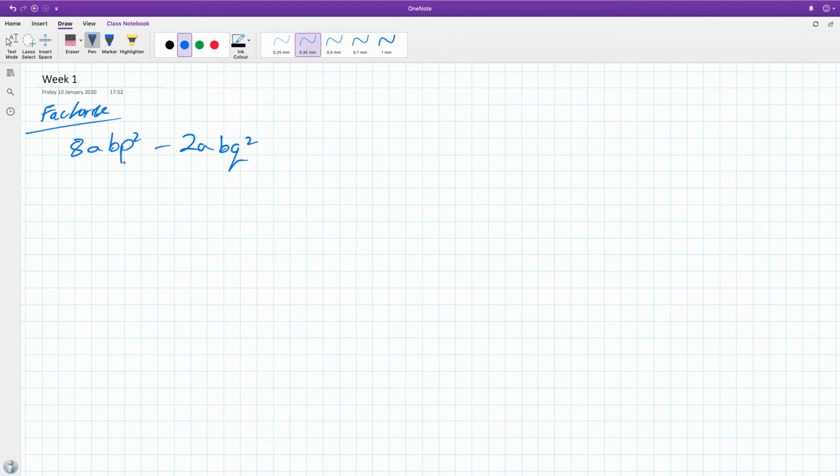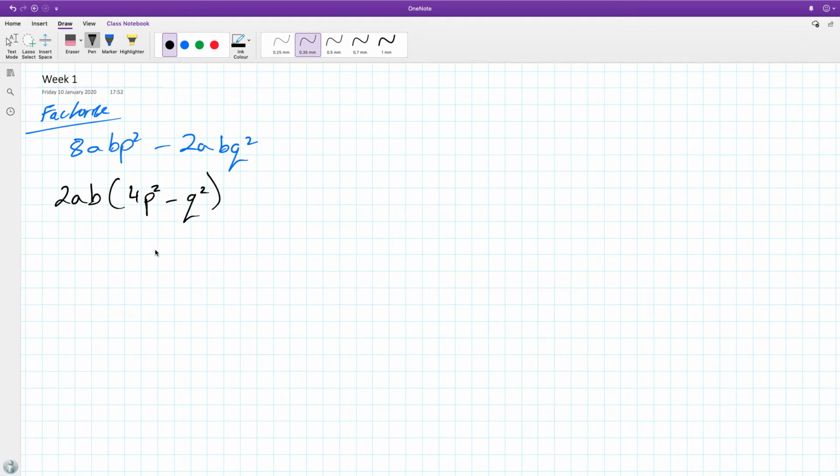They have a number in common first of all. They have 2. And what else do they have in common? A and B. Brilliant. What do we multiply by 2ab to get 8abp squared? And what's left? What do we multiply by 2ab to get minus 2abq squared? Minus q squared.